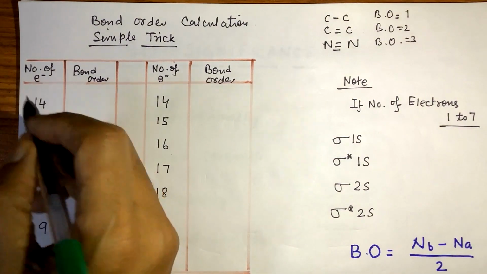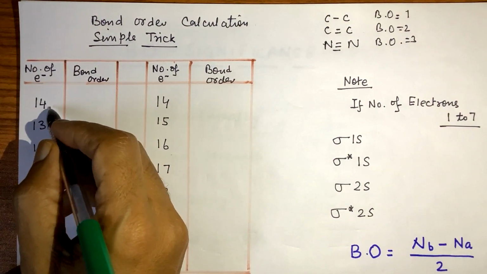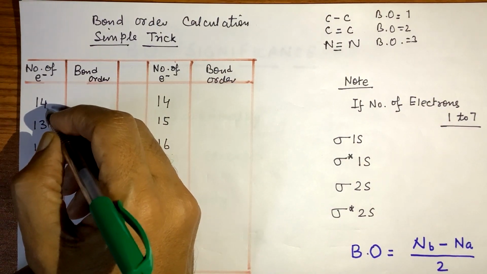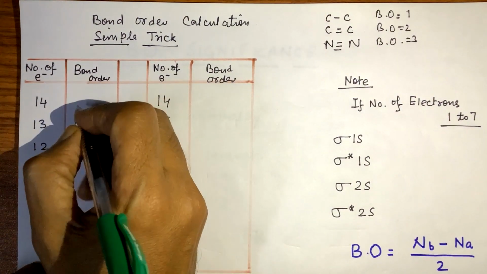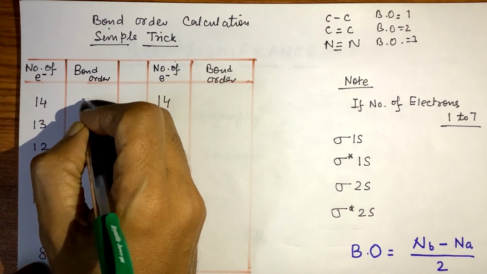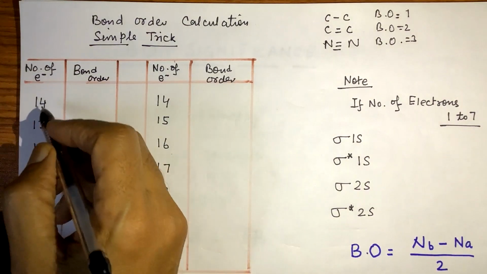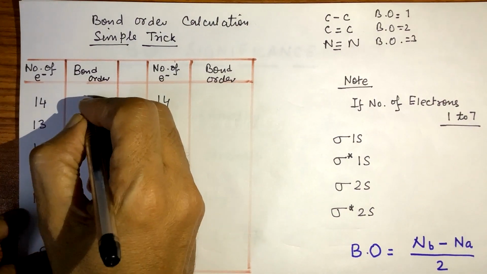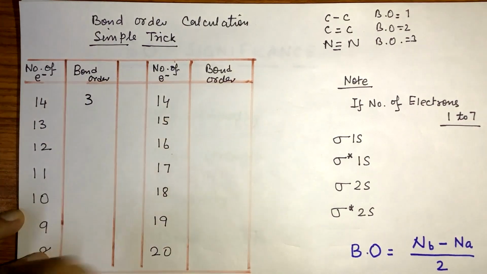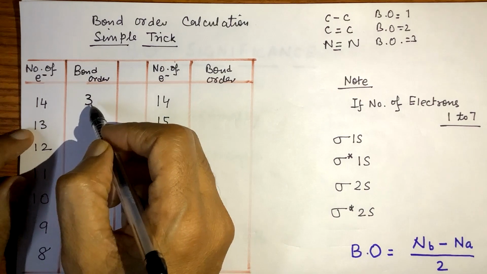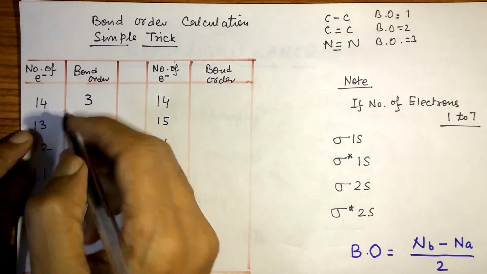We write the number of electrons. If 14 is the number of electrons, then bond order is 3. Then for 13 and 12, we decrease the bond order by 0.5.